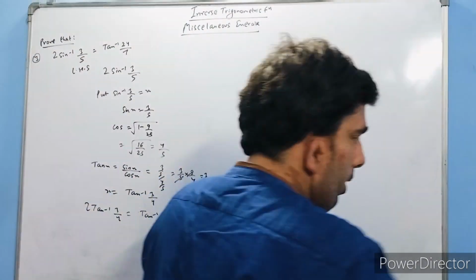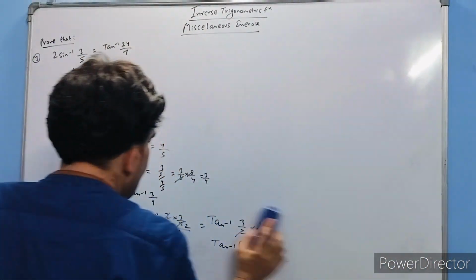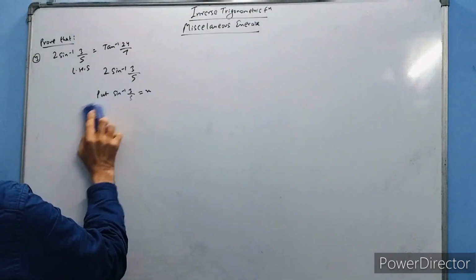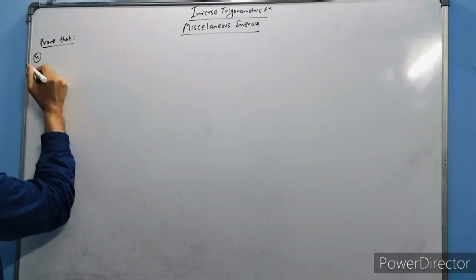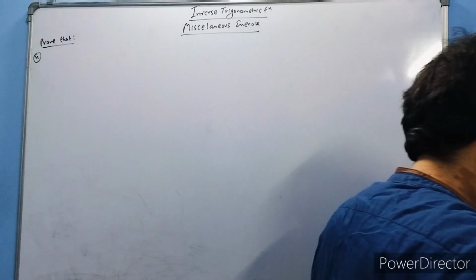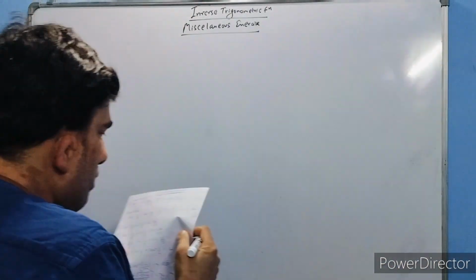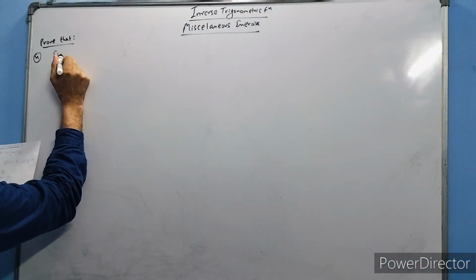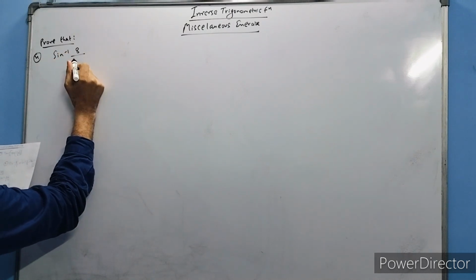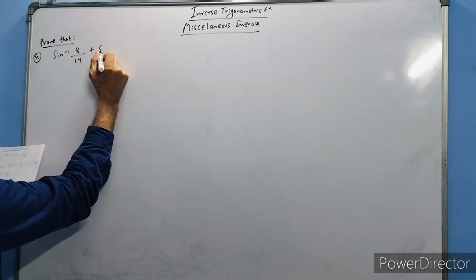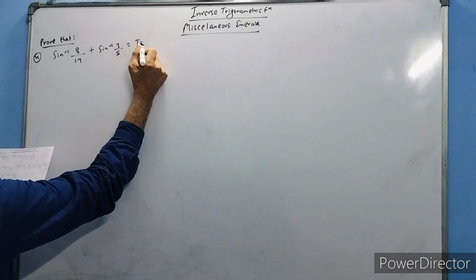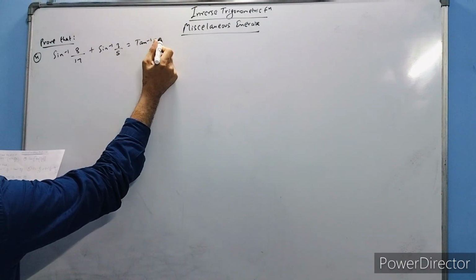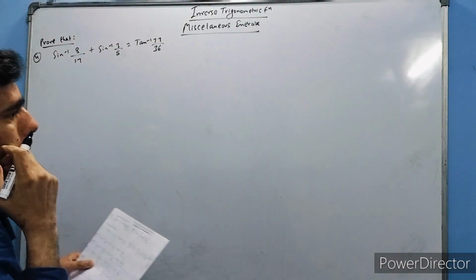Now we have the fourth question. Let us see what it says. They are saying we need to prove sine inverse 8 upon 17 plus sine inverse 3 upon 5 is equal to tan inverse 77 upon 36.